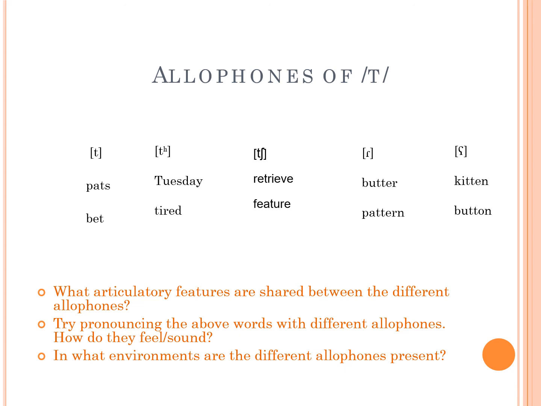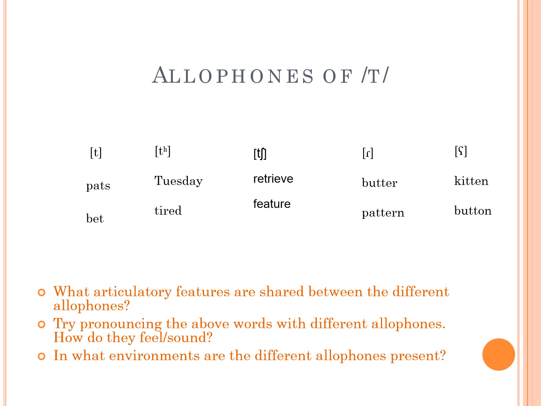You might try pronouncing some of the above words with different allophones and see how that feels or how that sounds. So if I tried to say something like butter with the ch sound, it would be butcher. That does not feel or sound right.